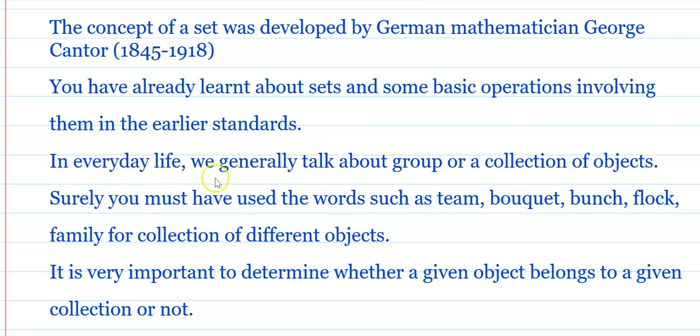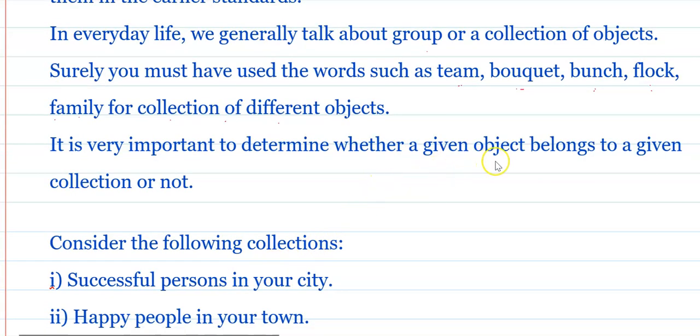In everyday life, we generally talk about a group, a collection of objects. Surely you must have used words such as team, bouquet, bunch, flock, family, for a collection of different objects. It is very important to determine whether a given object belongs to a given collection or not.